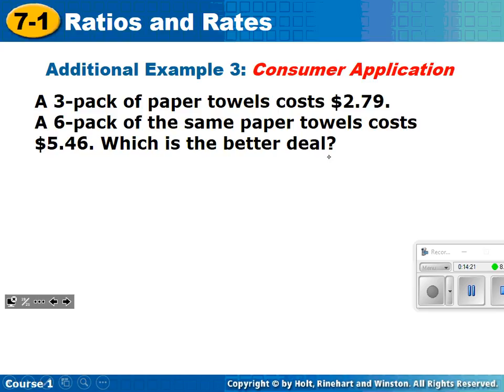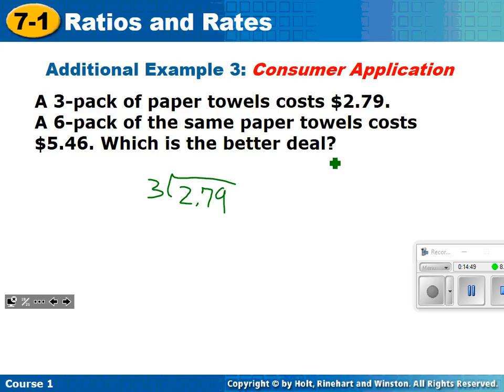So what I want to do is find the unit rate. I want to find out what each roll of paper towels is going to cost. So I go total cost, meaning $2.79, and I divide that by the number that we have.